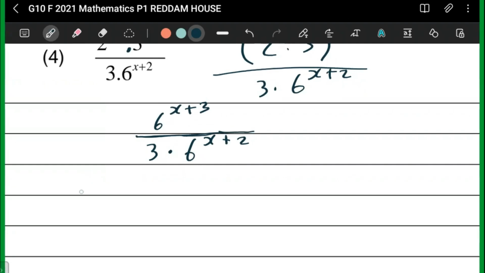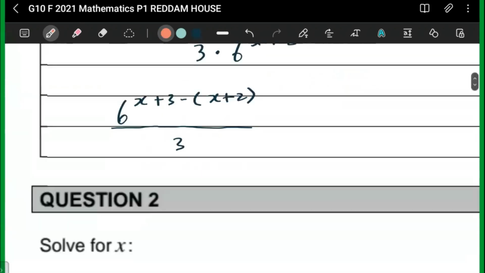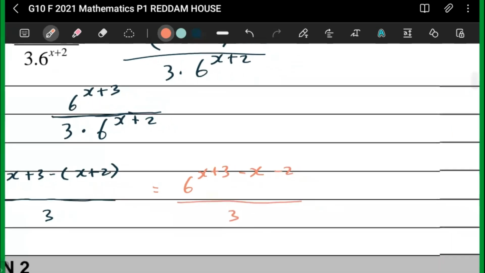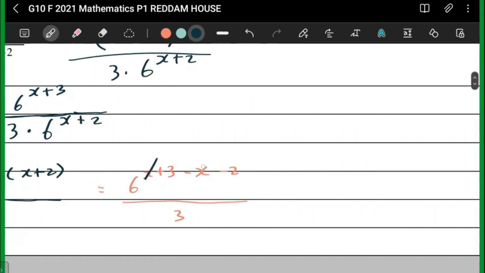At the top, you can put there 6 with x plus 3, but then, because the base is the same, if you're dividing, you can subtract the exponents. So you can just say here minus x plus 2. At the bottom, you still just have your 3. So here you just have to be careful now, because you're going to end up with 6 to the x plus 3 minus x minus 2, the whole thing over 3. My x cancels x here.